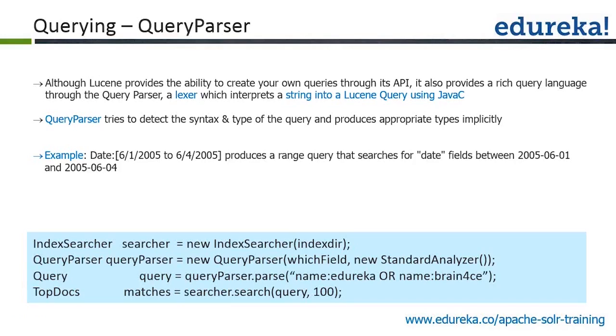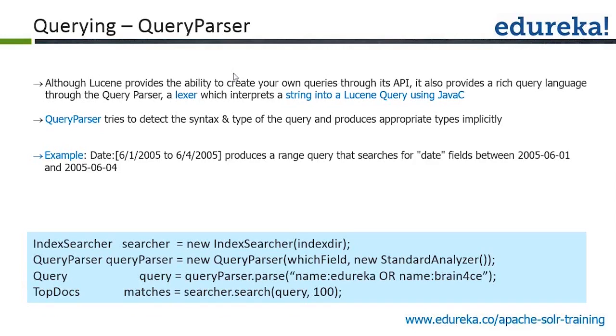Instead of writing the APIs, we can use a query parser and the query syntax to retrieve the data we are looking for. Just by writing one query parser, we can pass in the entire query syntax and get the results back.